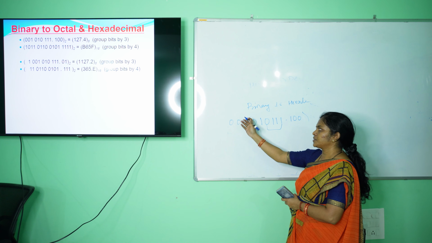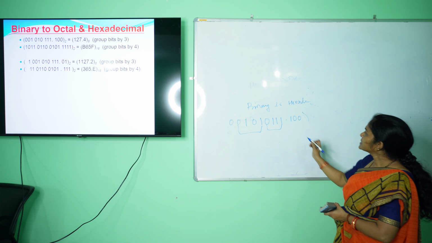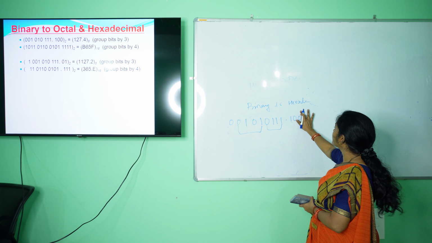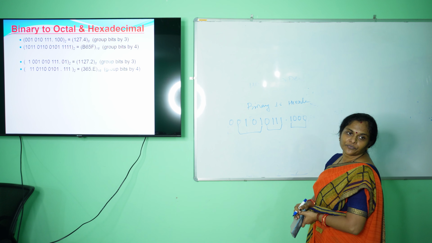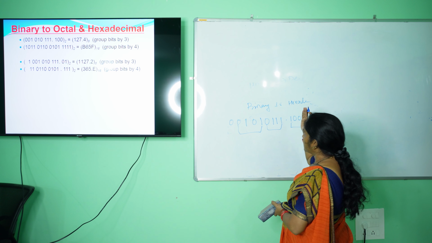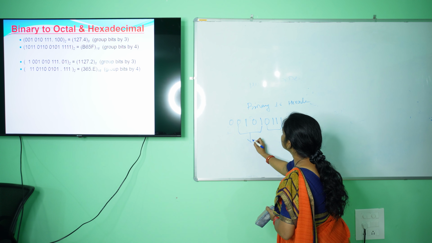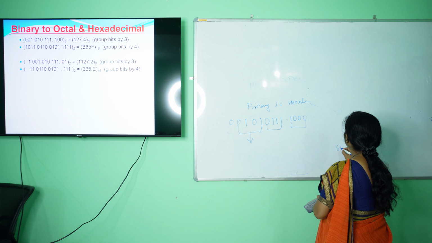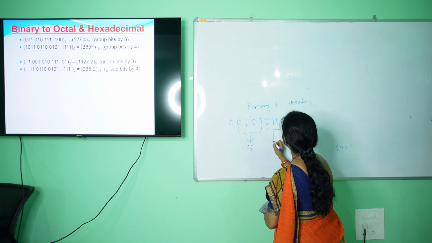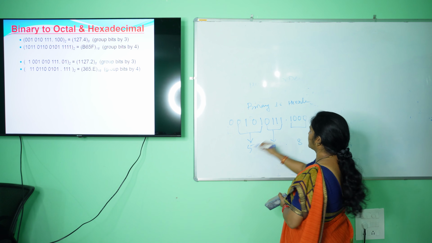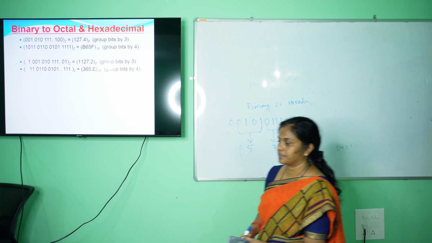Similarly, here only 3 bits are there, so I can add another 0, it doesn't hamper, and I group 4 bits. Here the result is 0101, 0111 and 1000. This is 5, this is 7 and this is 8. So it is 57.8 in hexadecimal number system.